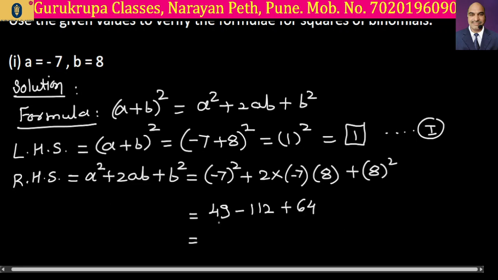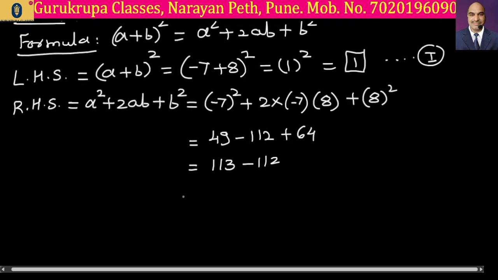Now 64 and 49, here we get 113. And 113 minus 112, again here what we observe, we get the answer 1.